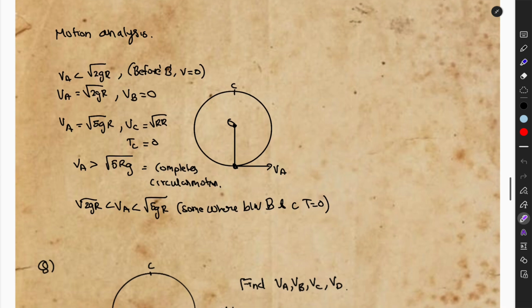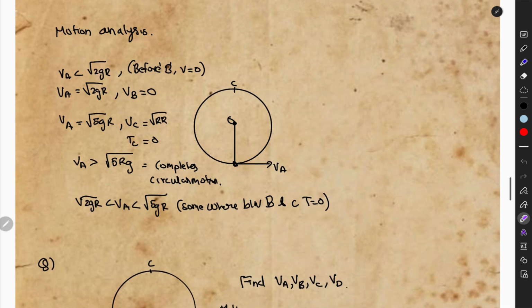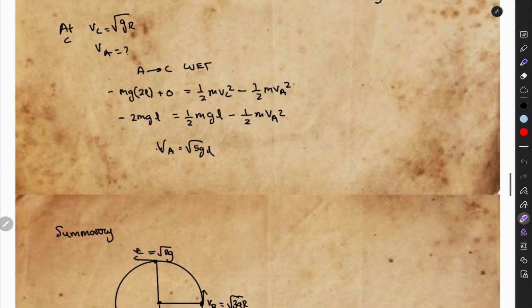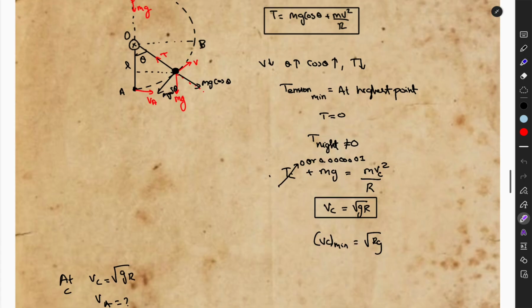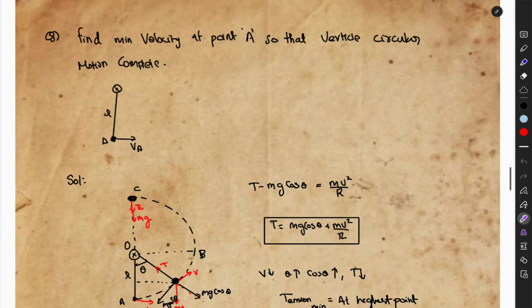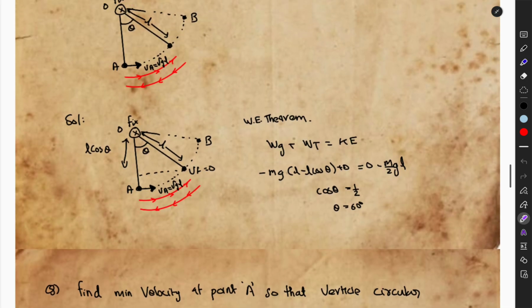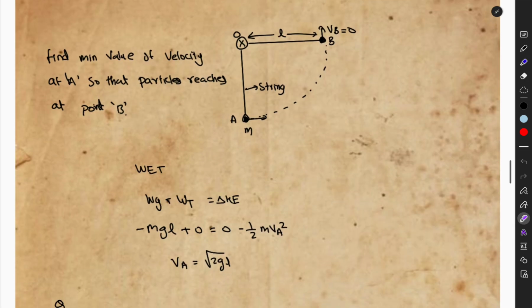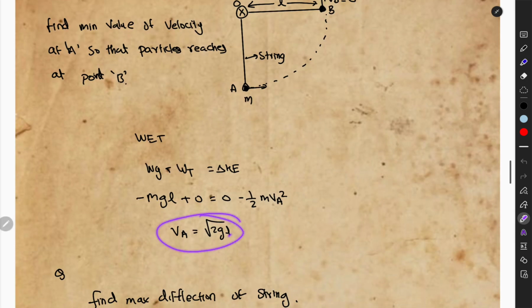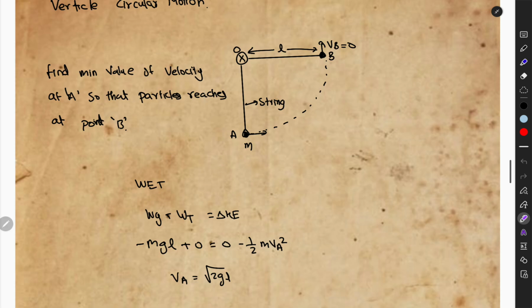So let's do a motion analysis. What we have learned till now is simply the starting. Basically, to complete the motion till the half, you need to supply root 2gL.